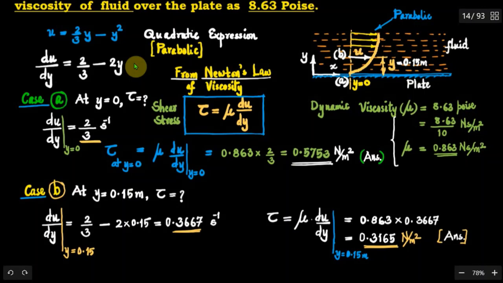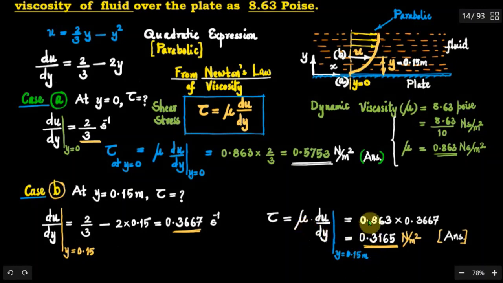You substitute y is equal to 0.15 meter. So you will get 2/3 minus 2 into 0.15, which is equal to 0.3667 per second. Then shear stress acting on that layer can be found out by mu into du by dy at y is equal to 0.15.